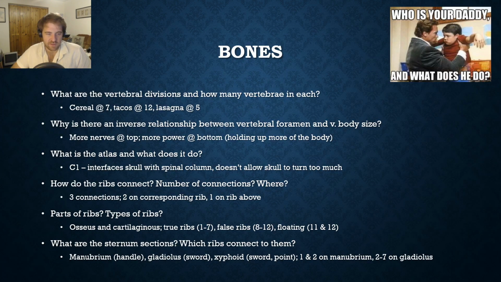One of its things is it's got two main things that it does. The atlas interfaces the skull with the spinal column. And then also it does not allow the skull to turn too much, right? There's like little facets on the atlas that allow the skull to turn so much, but then it runs into a larger, we'll say a cornu.